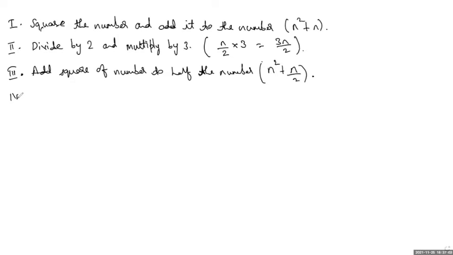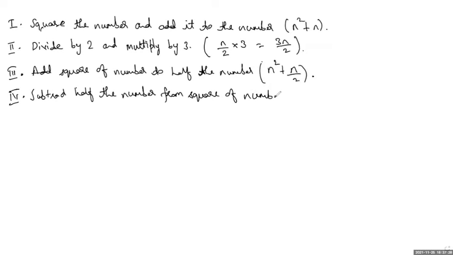Now rule number 4. Subtract half the number from square of number. Try this. How should I write the equation? In rule 3 I am adding half the number to square of number.